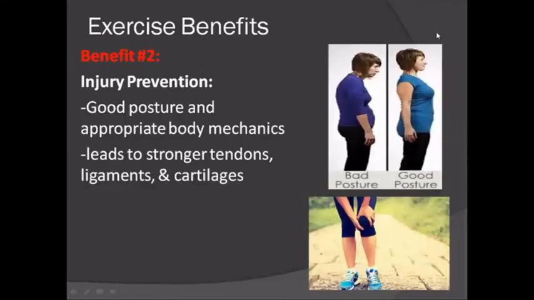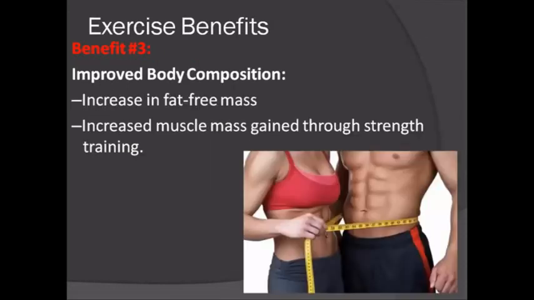Number two, injury prevention. And again, exercise can give you good posture and appropriate body mechanics, and it leads to stronger tendons, ligaments, and cartilages. Third, we have improved body composition, increase in fat-free mass, increase in muscle mass gain through strength training.